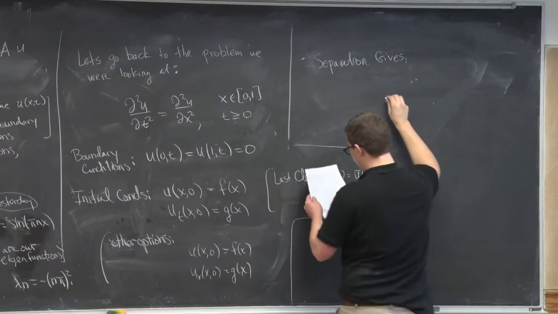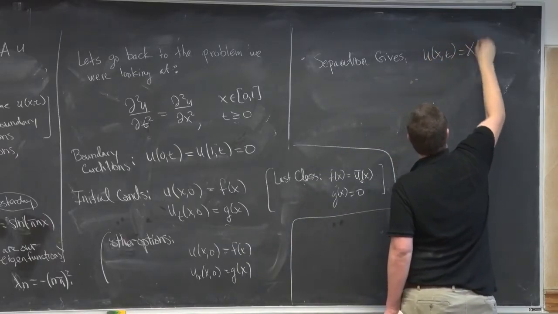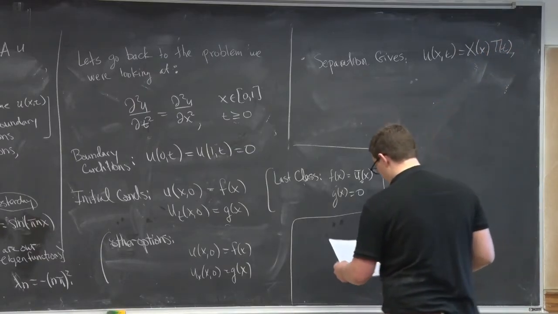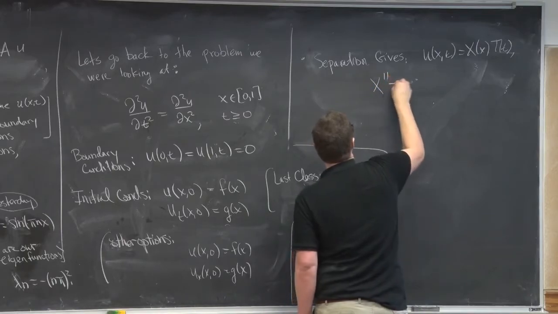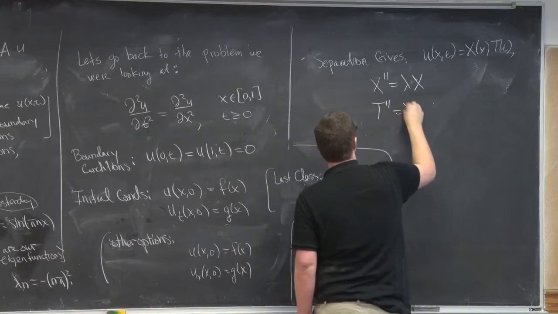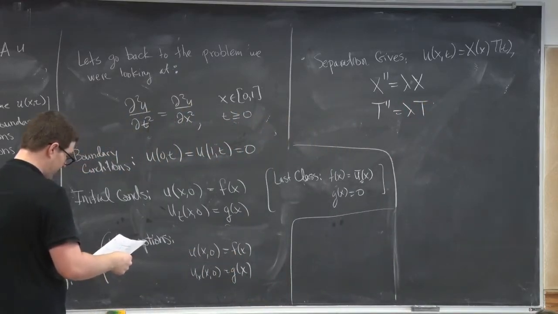So what we did is we set u of x,t equal to X of x times T of t. Then we had X'' equal to λX, and T'' equal to λT. Those were the two conditions that we get.